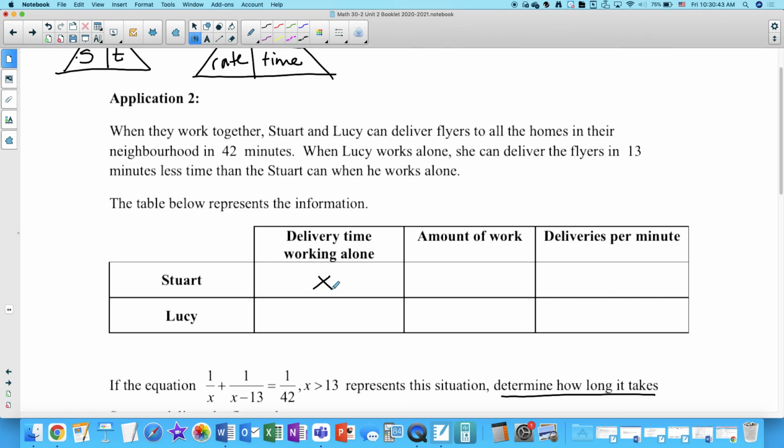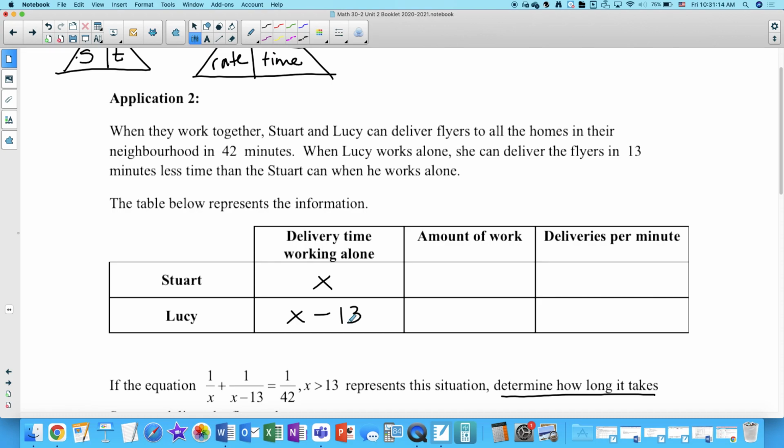Okay, tell me where you see that in the wording of the question. Well, if Stuart's delivery time working alone is x, and Lucy, when she works alone, delivers in 13 minutes less time than he does. Exactly. So Lucy's time is 13 minutes less than Stuart's. So if his time is x, her time will be x minus 13. Okay?